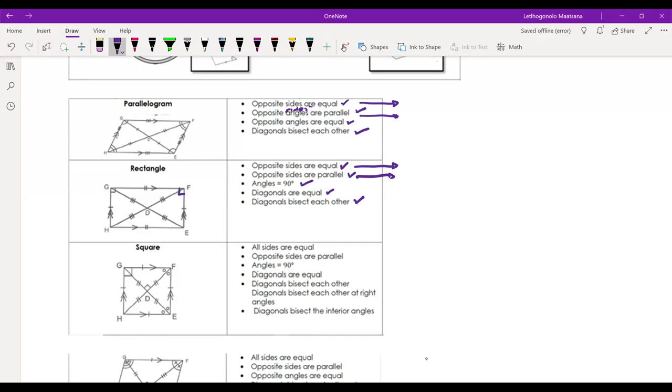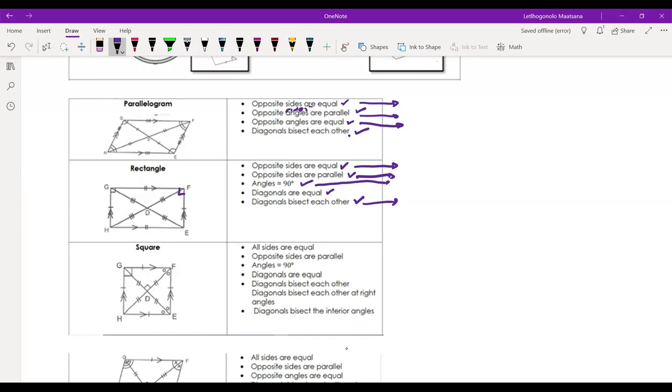So this also falls in with the fact that opposite sides are equal. And the last one says diagonals bisect each other. So we can see how a rectangle is a parallelogram, but a parallelogram is not always a rectangle.